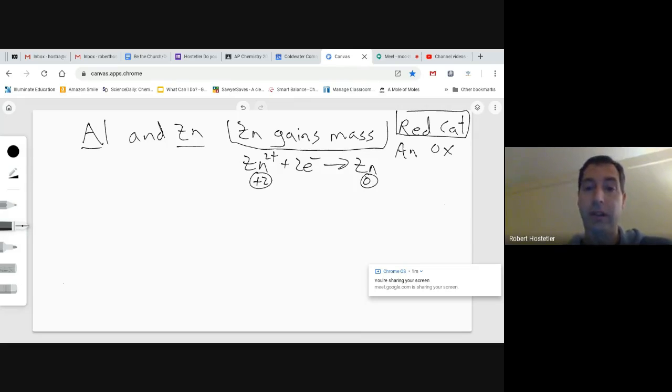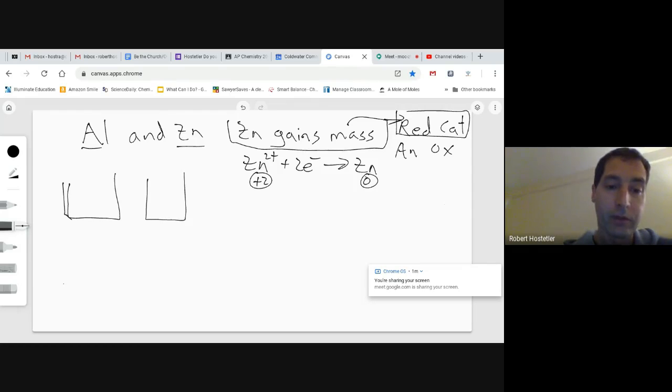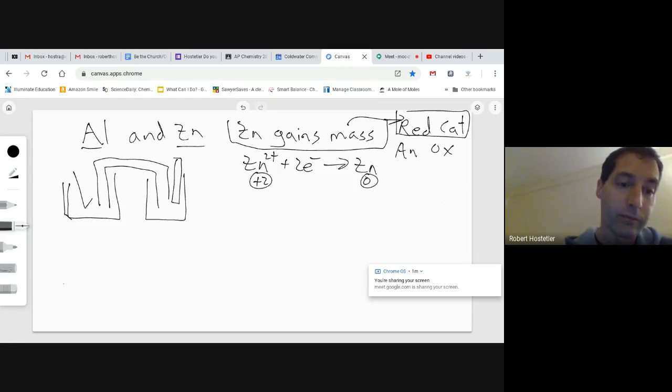If they tell you that it gains mass, the one that gains mass is the one that's being reduced, which is the cathode. So when we come over to draw our picture, we've got our two containers, our salt bridge, and then our electrodes. Remember, the electrodes have to be connected by a wire with a little voltmeter.